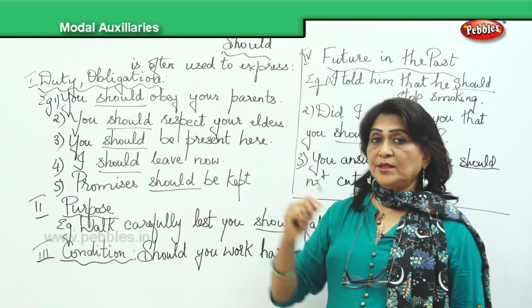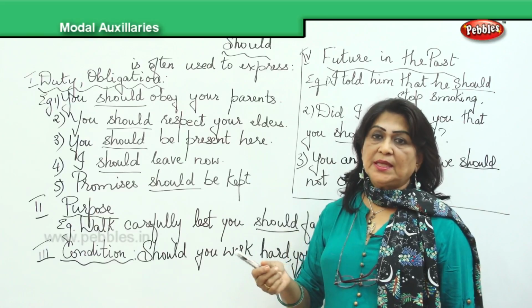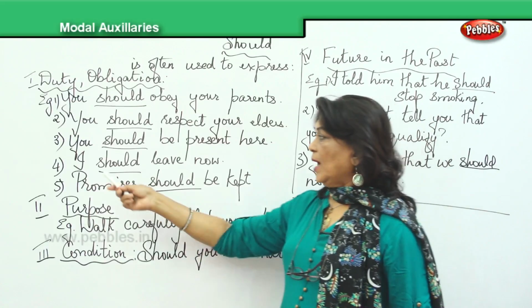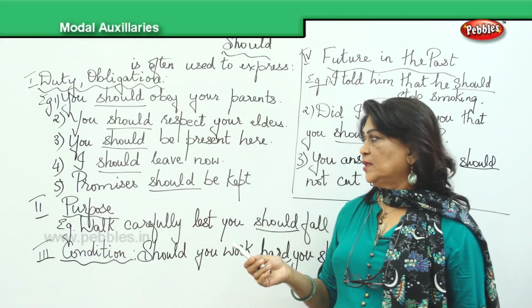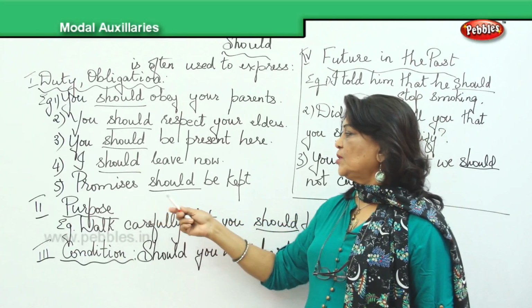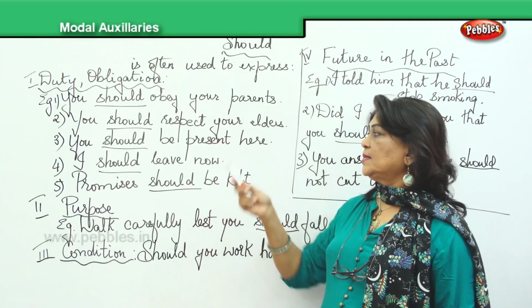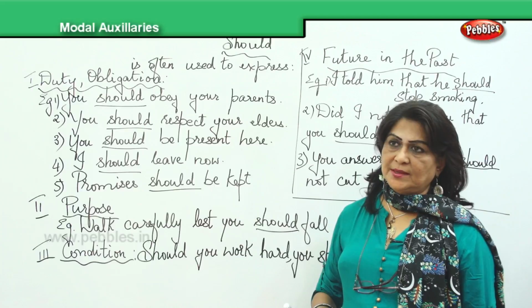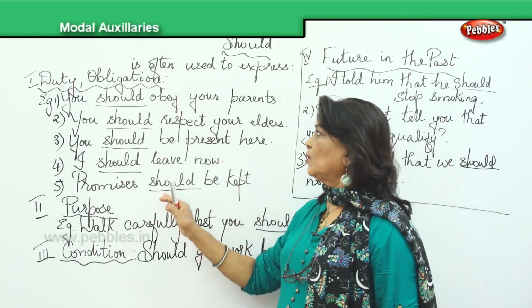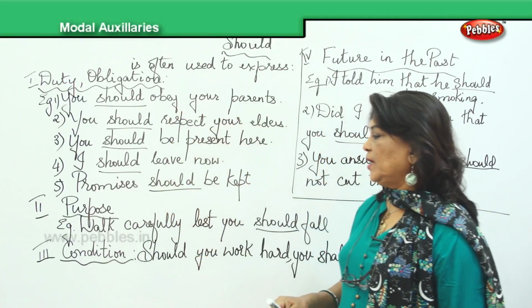You should be present here if you have to see me. I should leave now. That's also an obligation. Promises should be kept. This is our duty. We should keep up our promises. So, these are all duty and obligation.